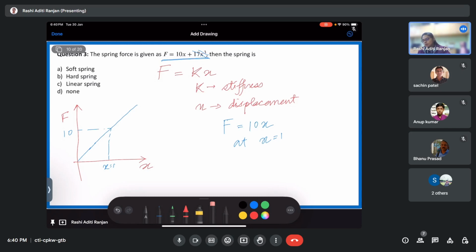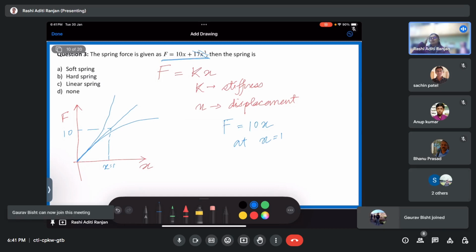You must have studied in the lecture that one behavior is this and the other behavior is this. Correct. In one case, with the increment of x, the value of F increases and after that it tries to go like this. While in the other case, as x increases, the force increases and diverges from the linear behavior in the upward direction, while in the first case it diverges in the lower direction.